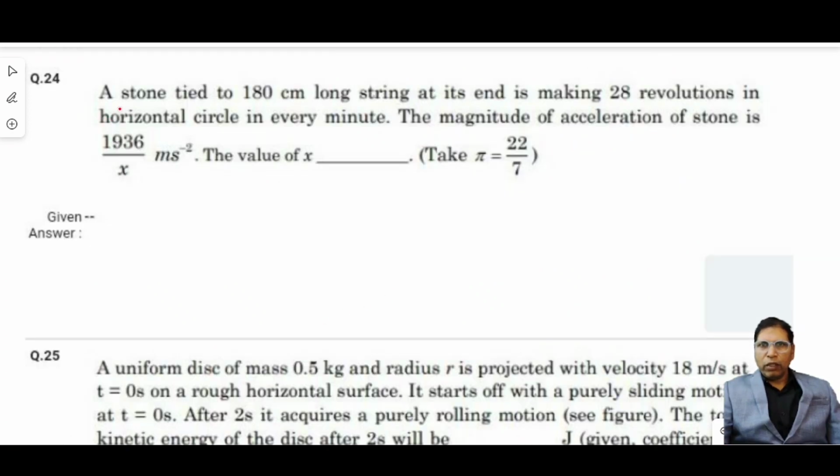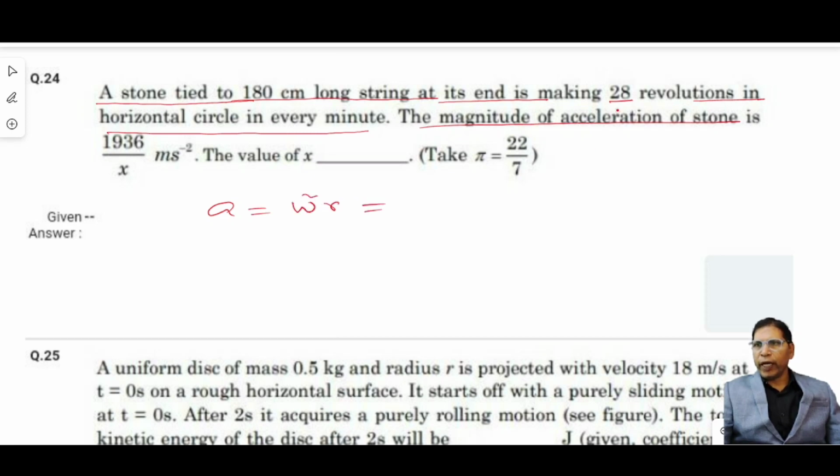A stone tied to a 180 centimeter long string at its end is making 28 revolutions in a horizontal circle every minute. The magnitude of acceleration of the stone? Now acceleration equals omega square into r.